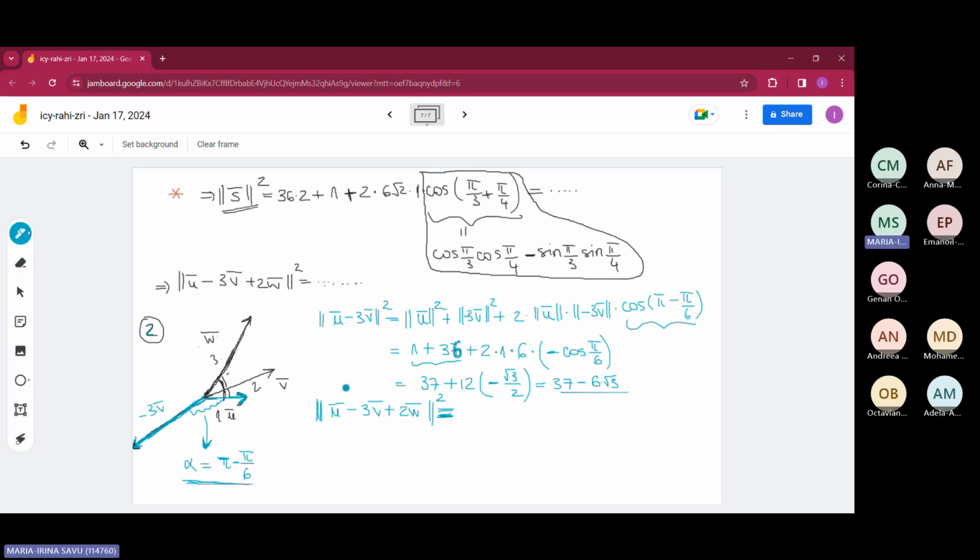Well, let's see how u minus 3v looks like better. It's a better idea to see how this sum looks like. So this is u, and this angle, this one.